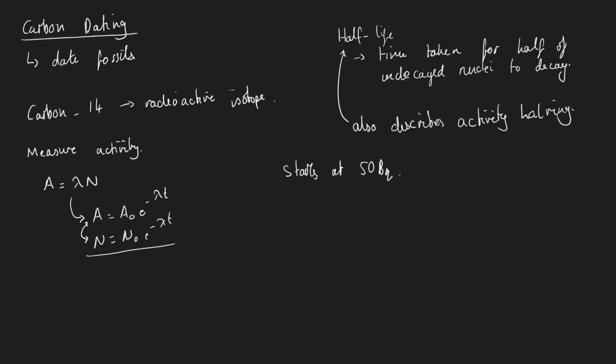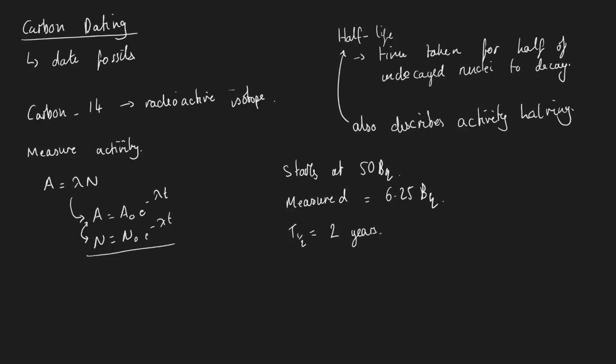So let's say the initial activity was 50 becquerels, and when you measure the activity, it was measured to equal 6.25 becquerels. Now, if the half-life for this specific isotope was maybe 2 years, and we want to know how many years this thing was going for.